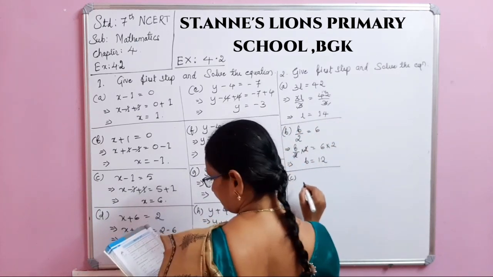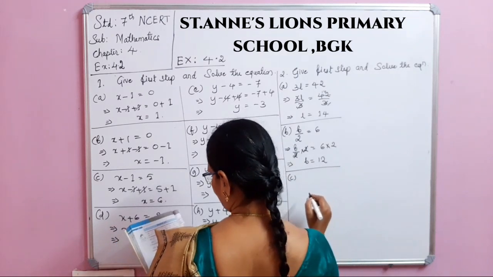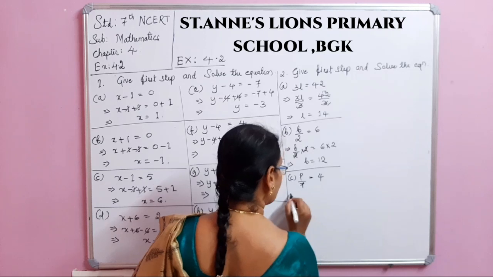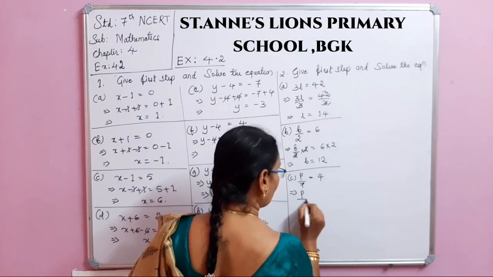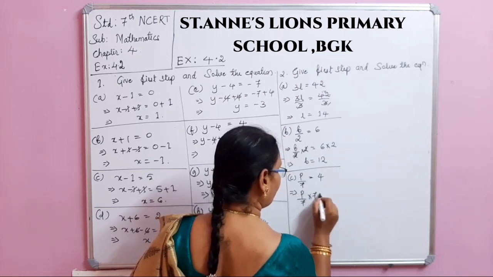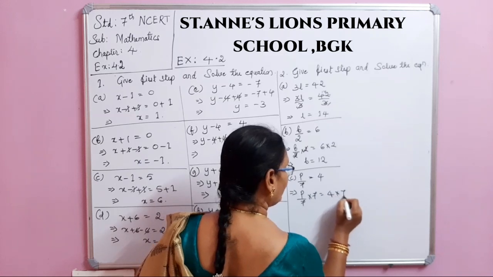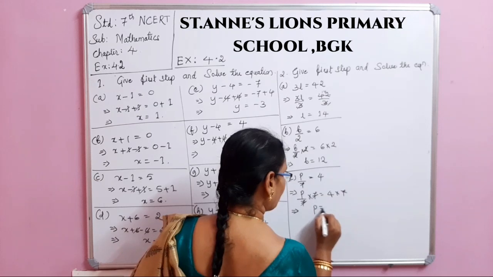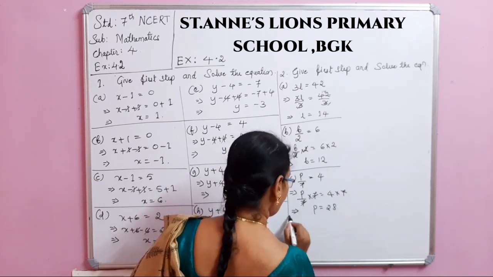Next, C. P by 7 is equal to 4. See here, division is there. So P by 7 into 7. Here 4 into 7. 7 got cancelled. P is equal to 28.